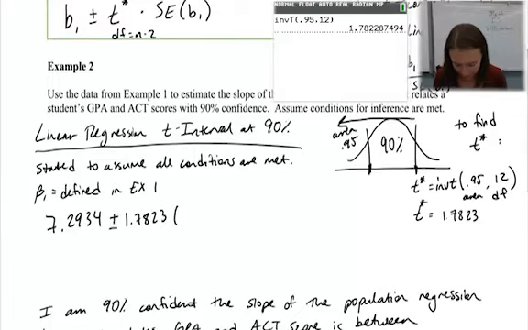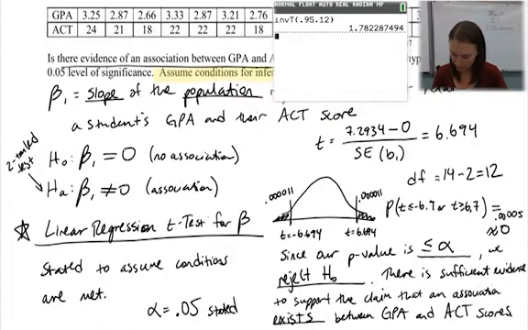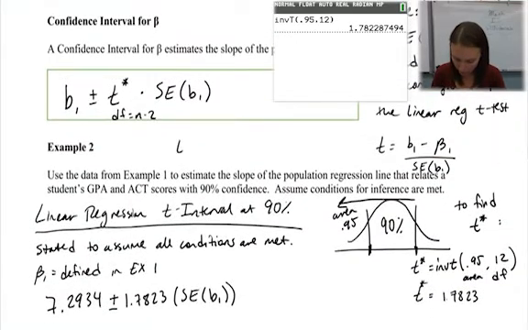All right, and then we have times SE of b1. Now, again, we can find SE of b1 by running our t-score. In example 1, we found our t-score, 6.694.